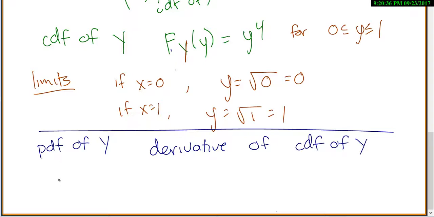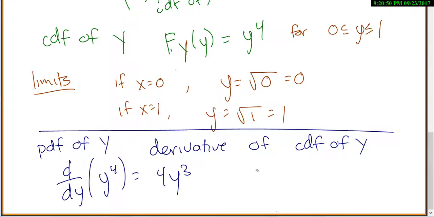The CDF is y to the fourth. So we'll take the derivative of y to the fourth, which gives me 4y cubed. So finally, my PDF of y is 4y cubed for y between 0 and 1.